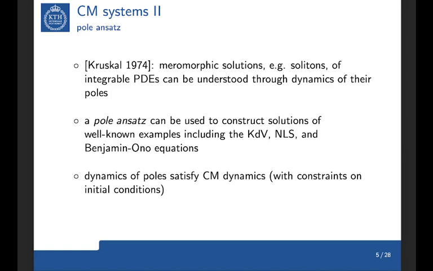But these constraints can be understood as constraints on the initial conditions, because if they're imposed at time equals 0, under the flow of the CM system, they will be preserved at future times.